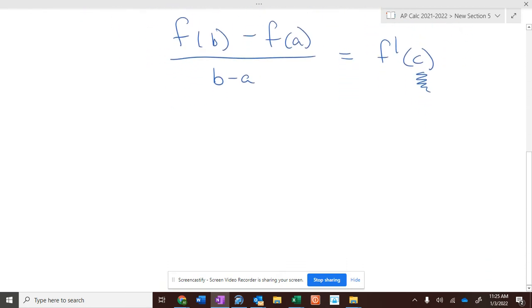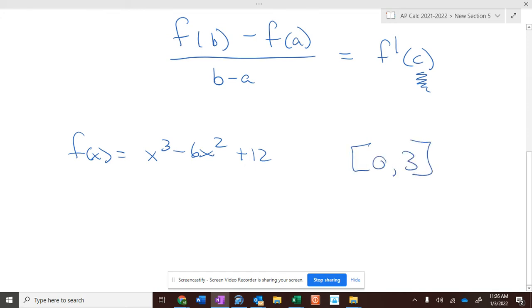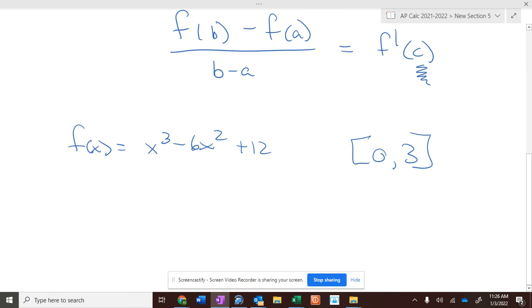So let's take an example. Let's say we have a function f of x equals x cubed minus 6x squared plus 12x over the interval from 0 to 3. What I would tell you to do first is find f of b and f of a. What is b here? 3.